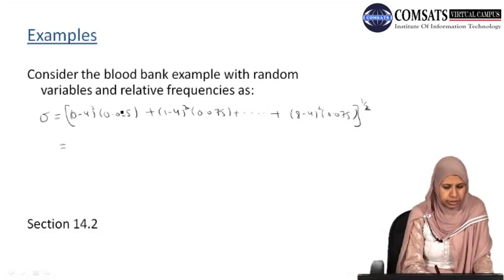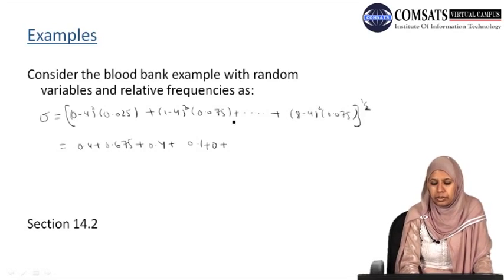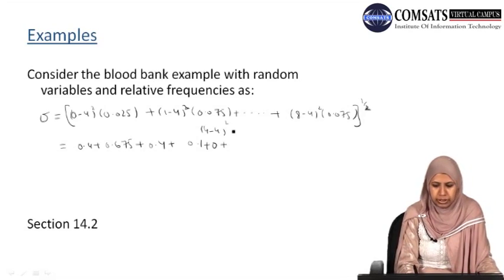Solving this, we obtained 0.4 plus 0.675 plus 0.4 plus 0.1 plus 0, where 0 is the term when we calculate (4 minus 4) square into the respective probability 0.125.